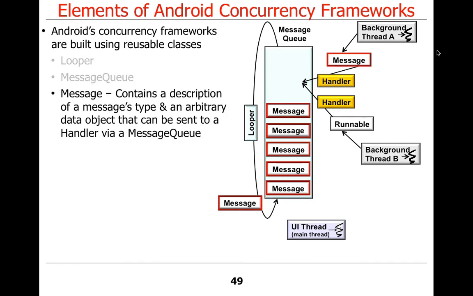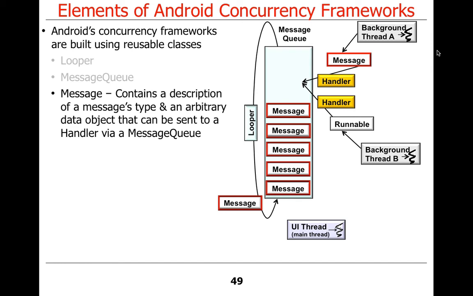Okay, so we talked about message queues. Those consist of messages. Well, what is a message? A message is a very important abstraction in Android, and it contains a description of the type of message, what kind of message it is, and you can control what that type is. And it also contains some arbitrary data object. In other words, it's a type object, right? So you can put whatever you want in there.